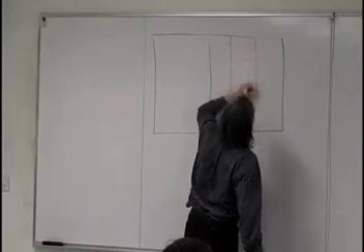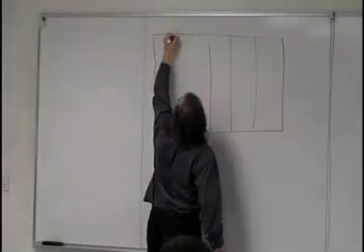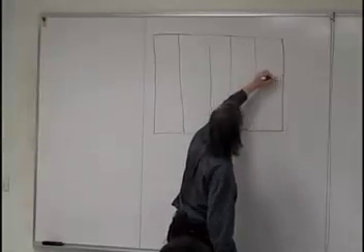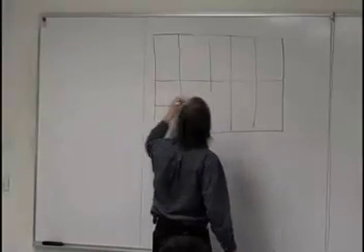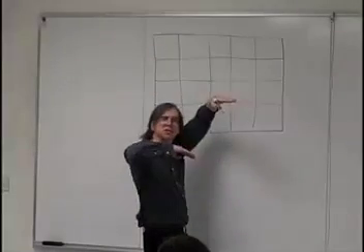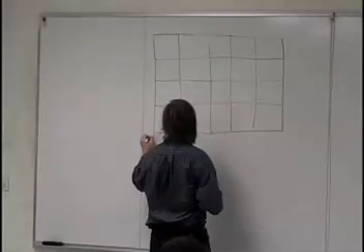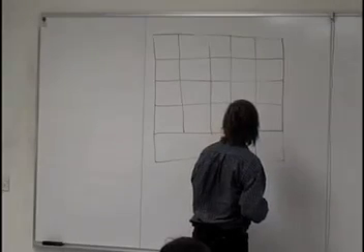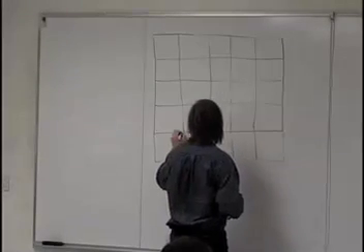And I guess the most important thing about this matrix is I have to remember, were we listing the Young diagrams in order from vertical to horizontal or horizontal to vertical? Vertical to horizontal.